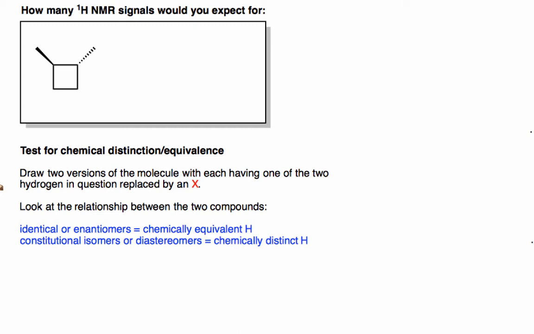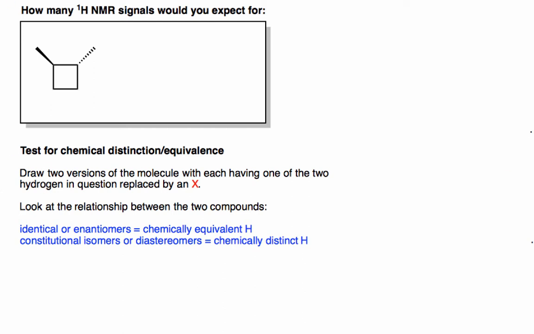If they end up being identical or enantiomers, then those two hydrogens that we replaced are chemically equivalent, and they would show up as a single signal on the NMR. If the two compounds are constitutional isomers or diastereomers, then those hydrogens are chemically distinct and would show up as two distinct signals on the NMR. So we're going to work through this for this compound above.